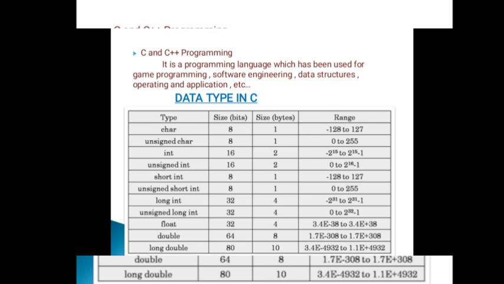Long double, it's also so much storage, 80 bits to 10 bytes, 3.4 e minus 4932 to 1.1 e plus 4932. Here we have to memorize 1 byte is equal to 8 bits. Let's go to another topic.